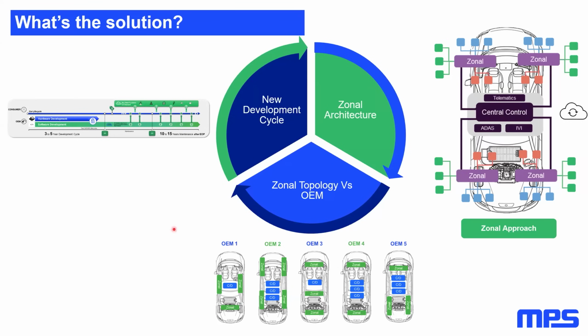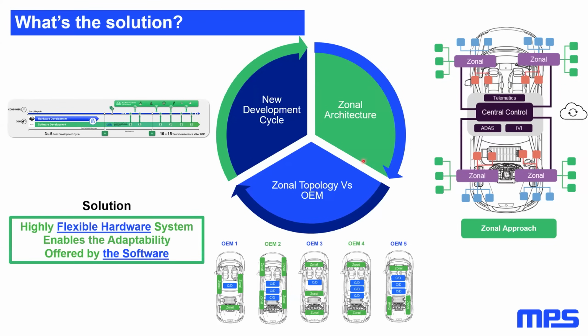And finally, the new development cycle where the hardware and the software are no longer linked. The question is, how can we answer all those new challenges that are coming at the same time for the next ADAS? And the solution is we need to have a highly flexible hardware system that enables the adaptability offered by the software.